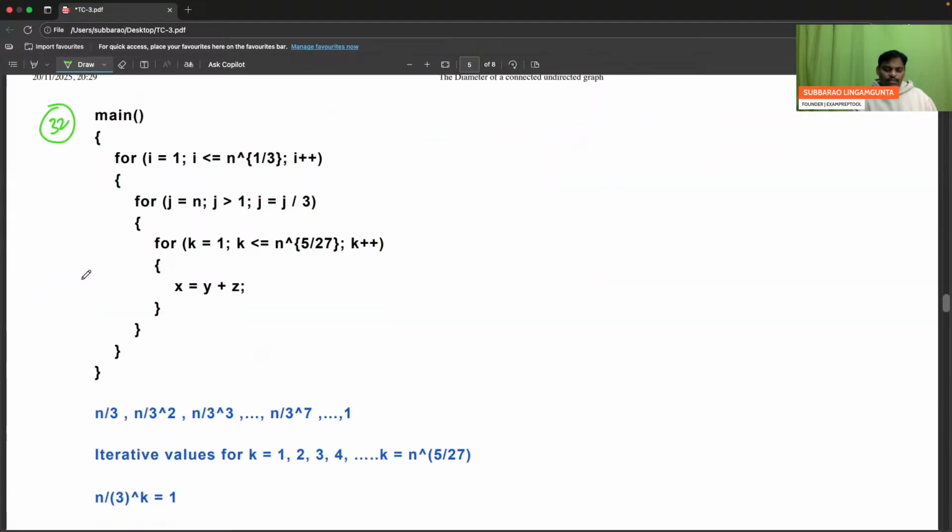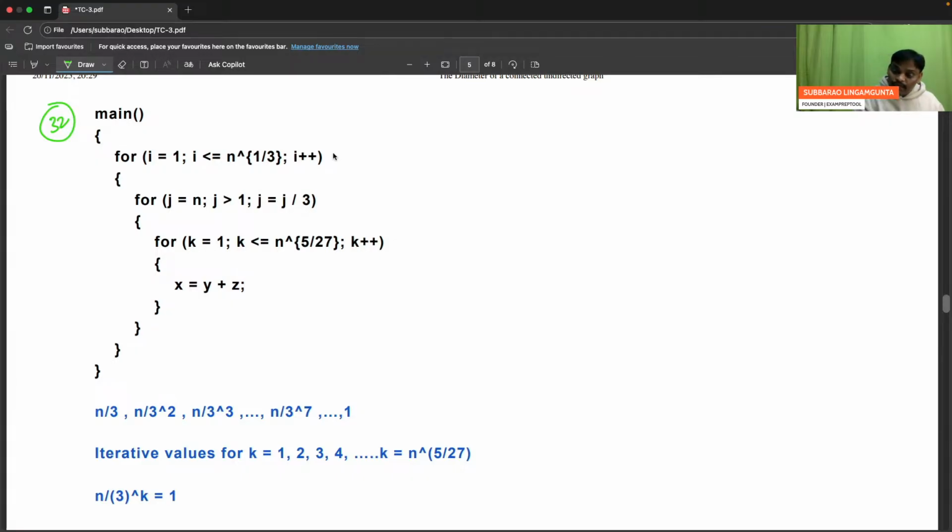See the 32. It is also, remember, inner loops. Inner loops means you have to multiply. Be careful everyone, it is also an inner loop. Observe properly, always i is incremented by 1. If i is incremented by 1, then if it is n, it means n times.